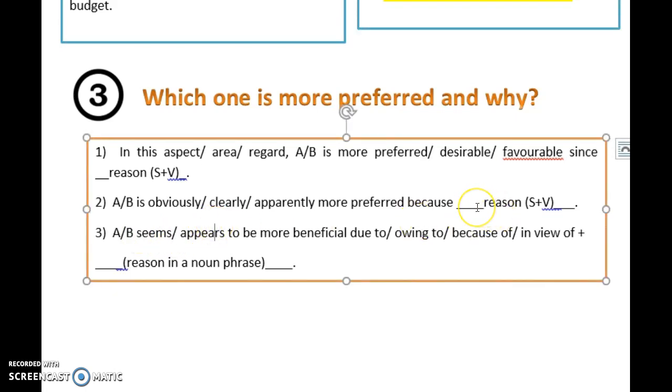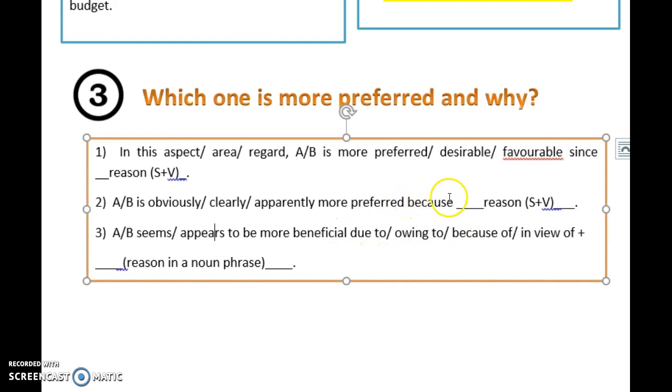Don't forget to give a reason. It is not a must to provide a reason, but if you provide a reason, your report will contain more information, and you will be able to showcase your language ability, which is a good thing to get a good grade.